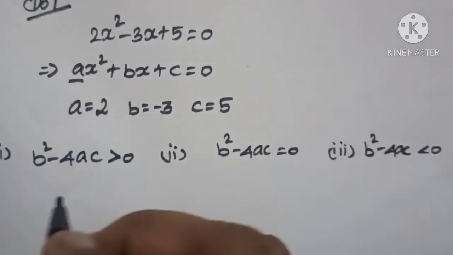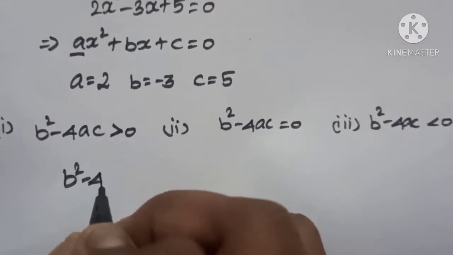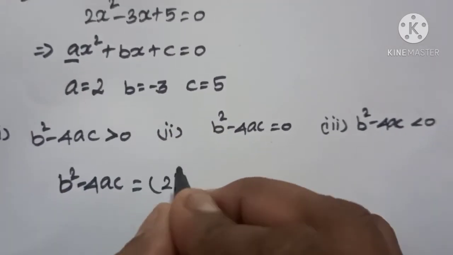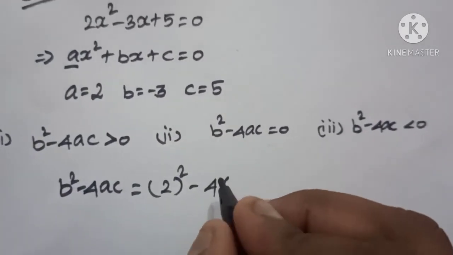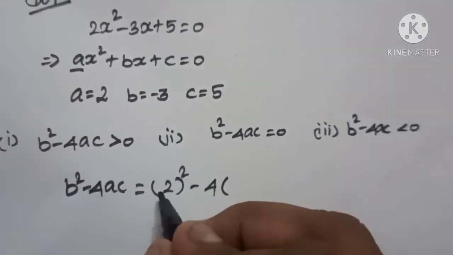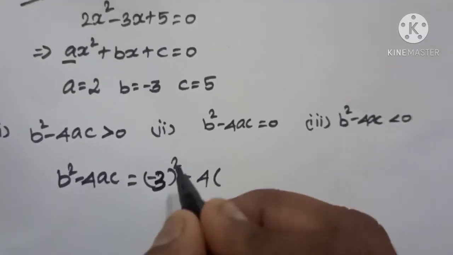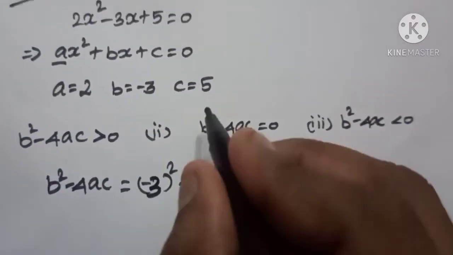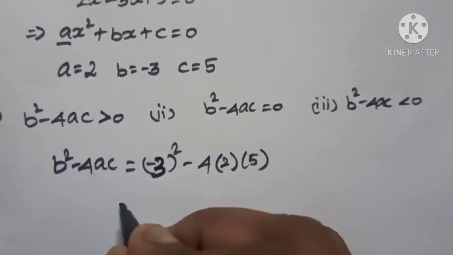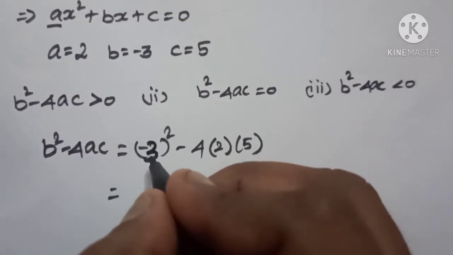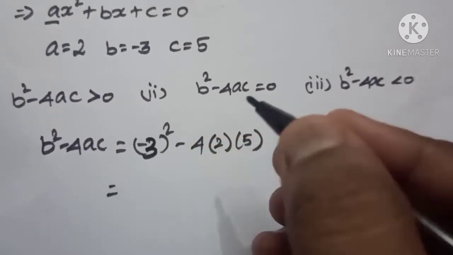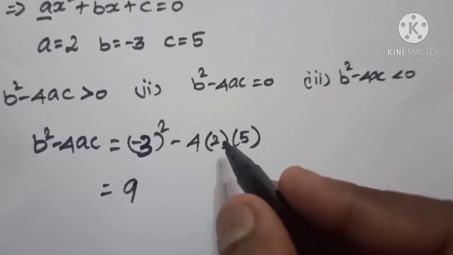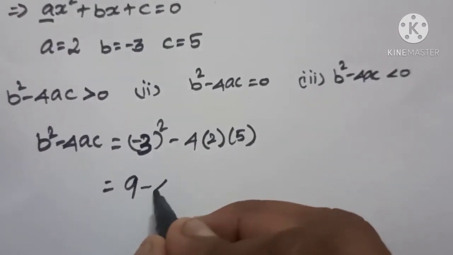So b square minus 4ac is equal to, b square is minus 3 whole square, minus 4 into a, which is 2, into c, 5. If you square the negative value, you get positive. 3 3s are 9, 4 2s are 8, 8 5s are 40, so minus 40.